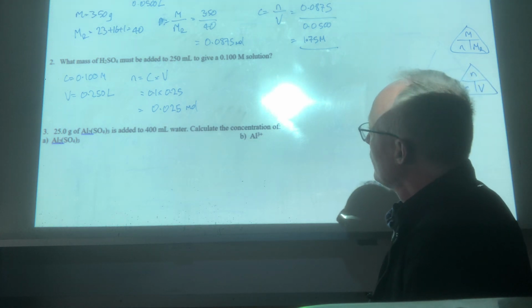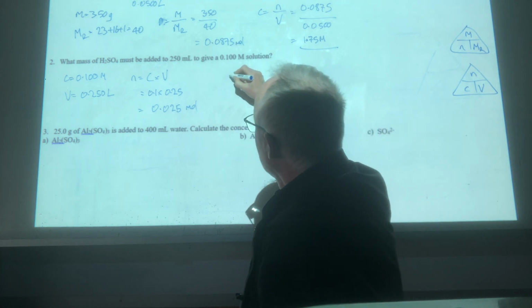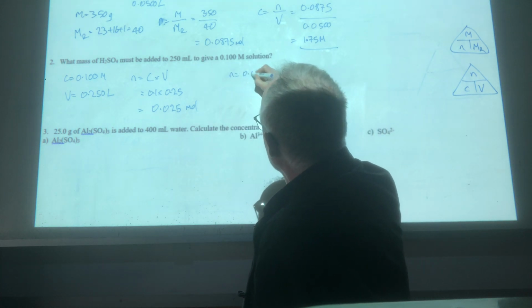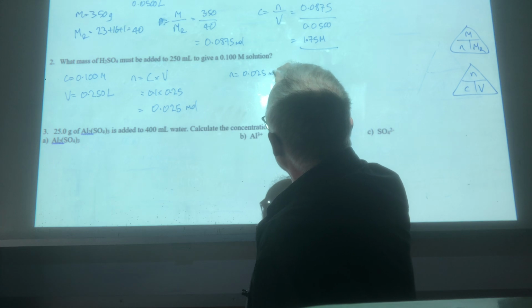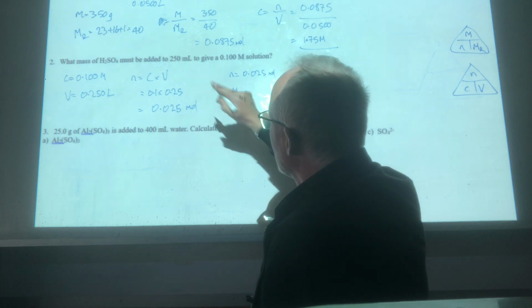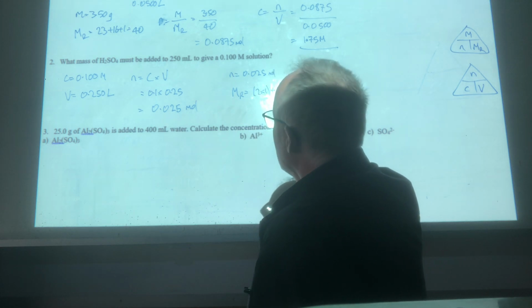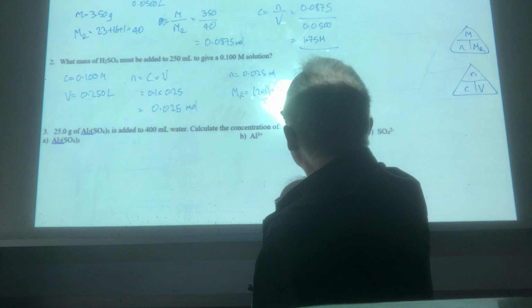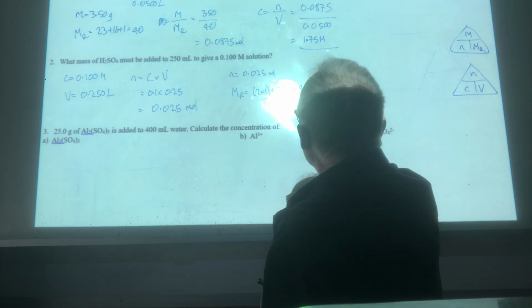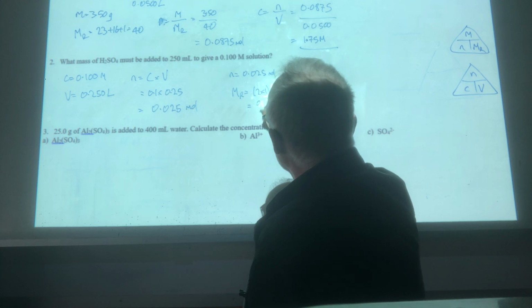Then to work out the mass, we need the molar mass. We've got the moles equals 0.025, as we've just worked out. For the molar mass of sulfuric acid, it's going to be 98.1.